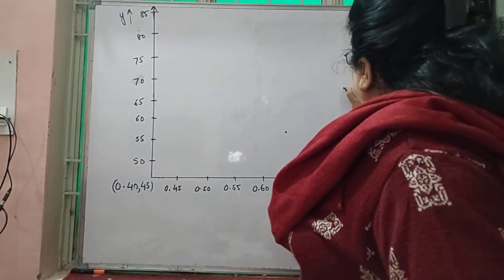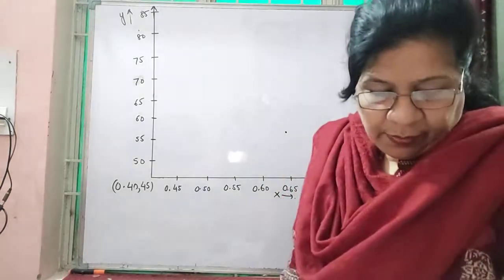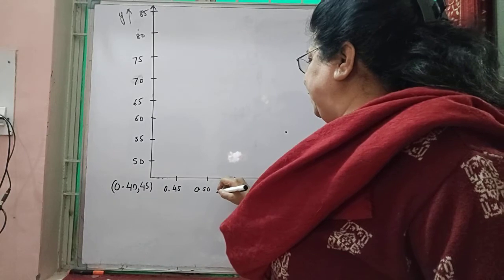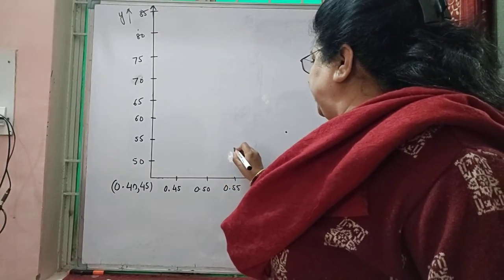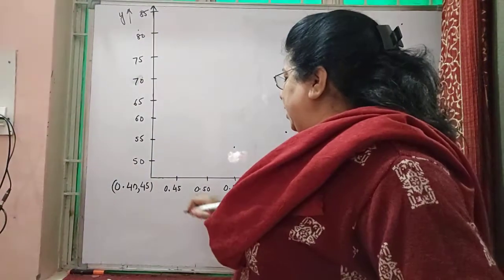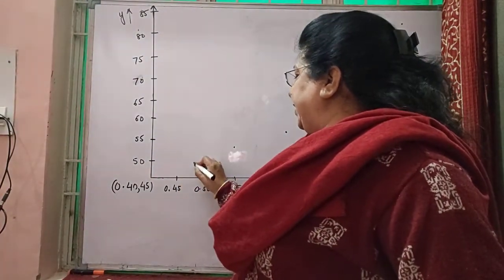When I made it on a graph paper, it is coming all in a line. The other one is 0.53 and 52, somewhere here. And then 0.46 and 48, somewhere here.